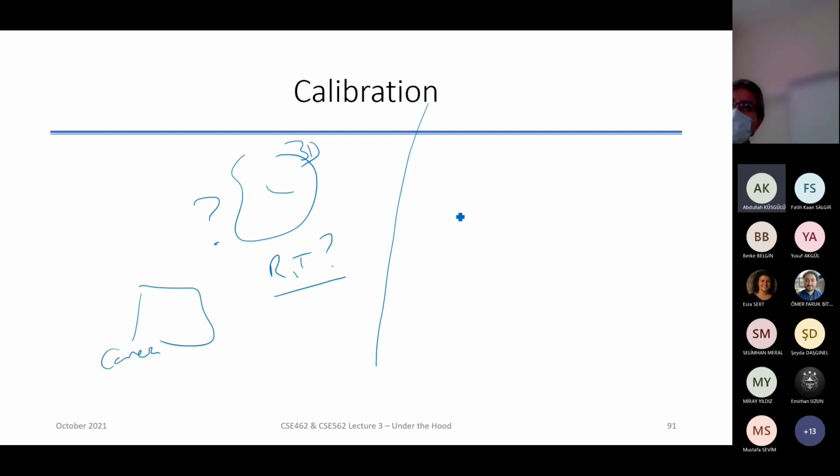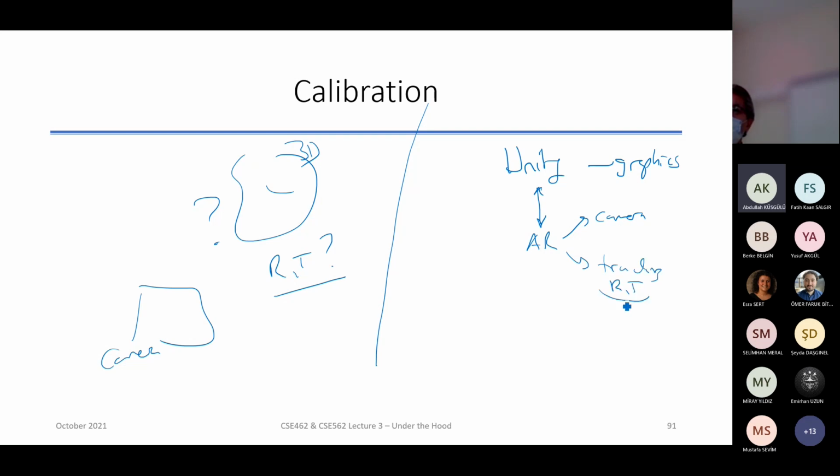So again, we'll be using Unity for graphics needs. Unity will need some support for AR: two things, camera access and tracking, or finding the 3D object and image relationship. For this support we'll use Vuforia.